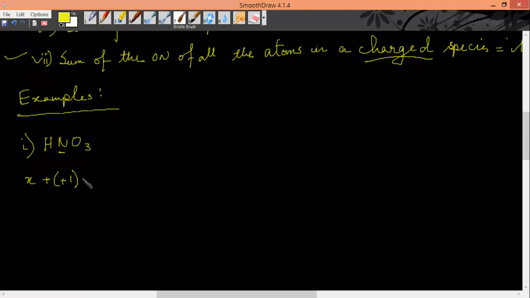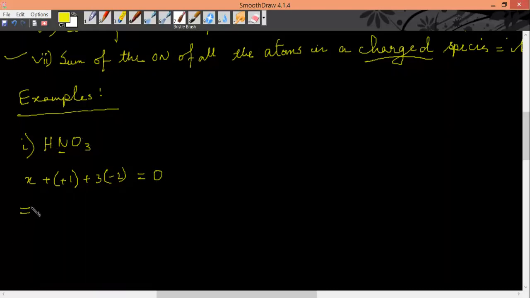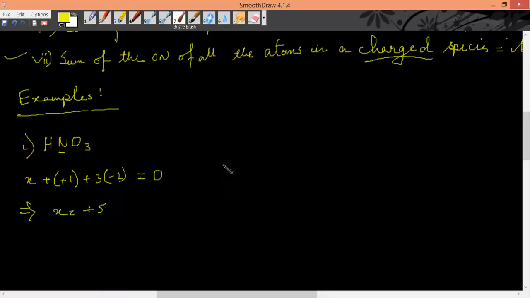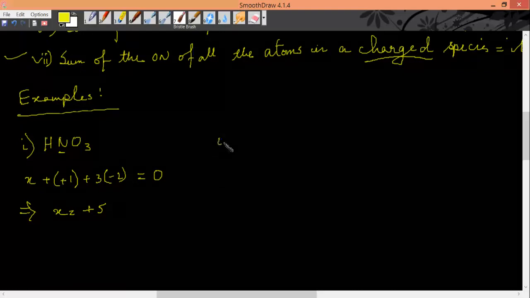For 3 oxygens we have 3 into minus 2. This comes out to be 0 because it is neutral. So we can easily find X as plus 5.